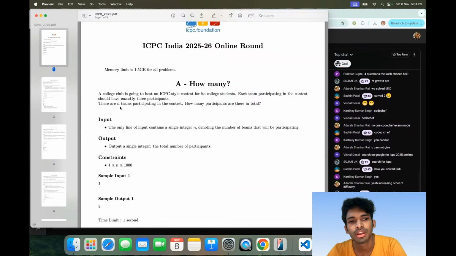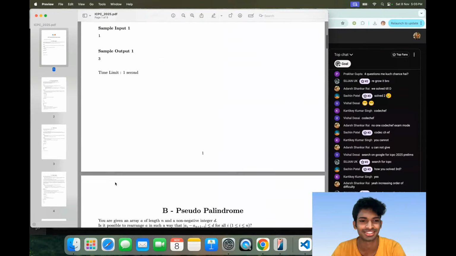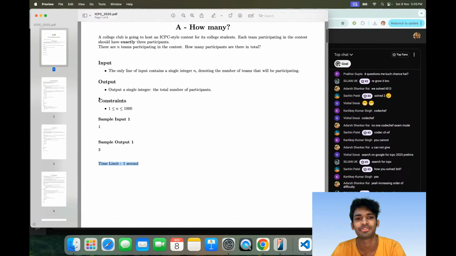There are n teams participating. How many participants are there in total? If there are n teams and each must have exactly three, the answer is 3 into n. N teams, each having 3, so n into 3 is the answer. Time limit is 1 second. We have to be quick.